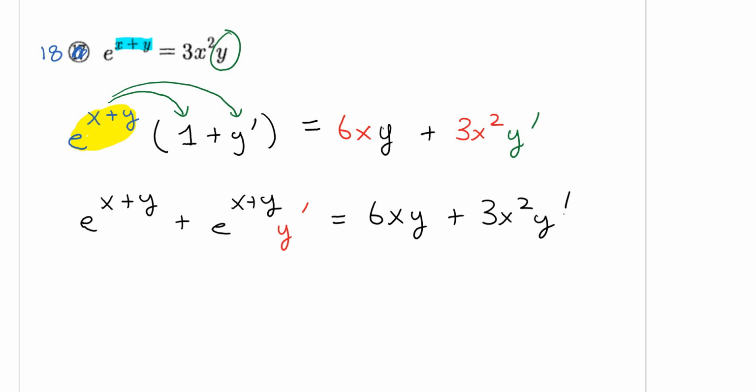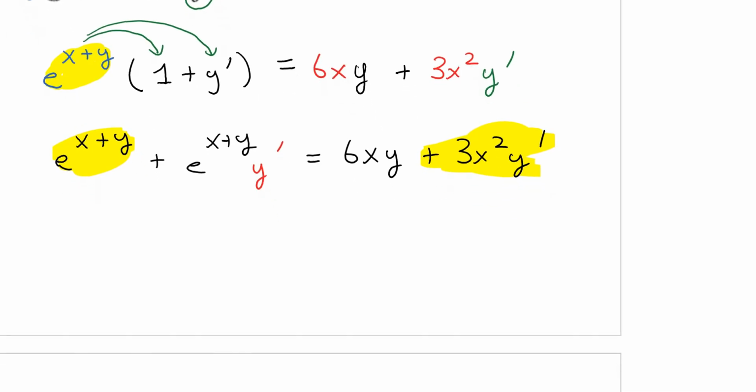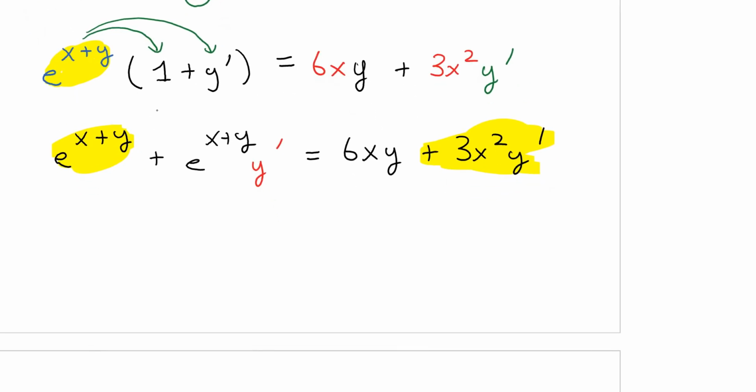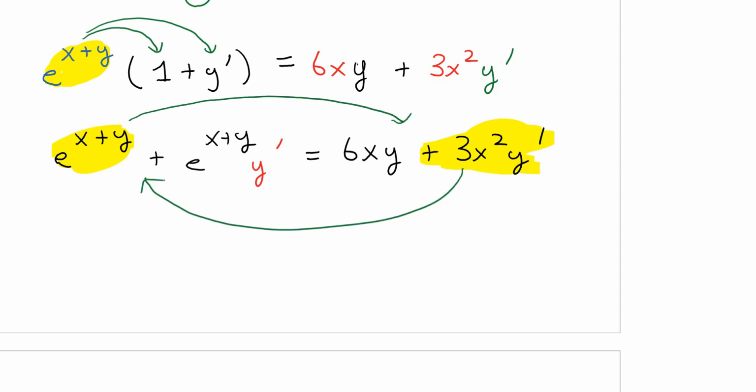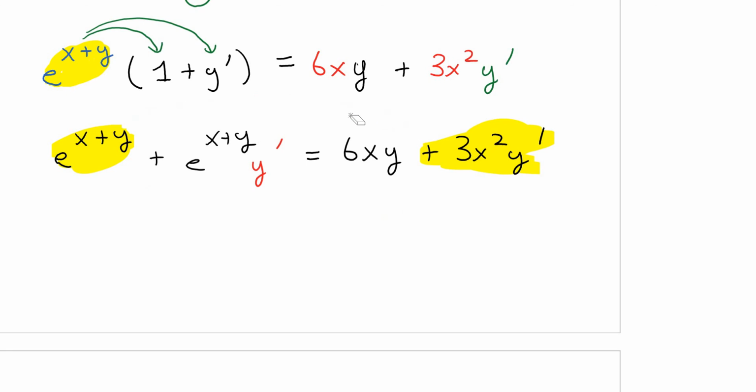Okay, so the next thing I'm going to do is highlight this term here in yellow, and this term here in yellow as well, because I want to move those two pieces. So I want to move this guy to that side and this guy to that side. And the reason why I want to do that is because I want the y primes all on the same side. All right, so this is just basic algebra. If you move the terms across, you just got to flip the signs.